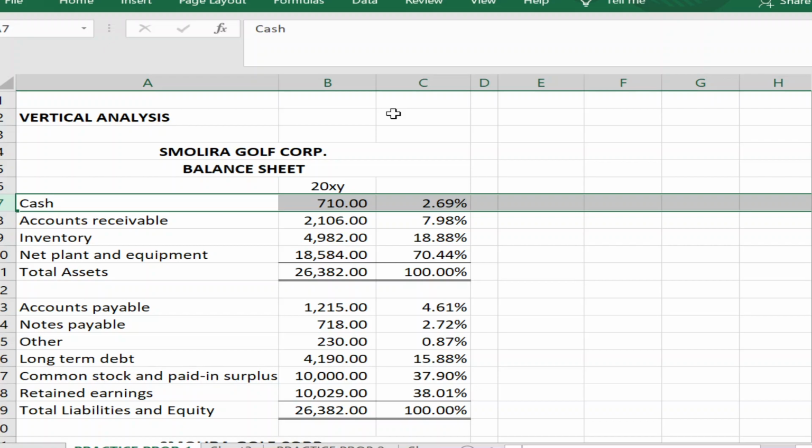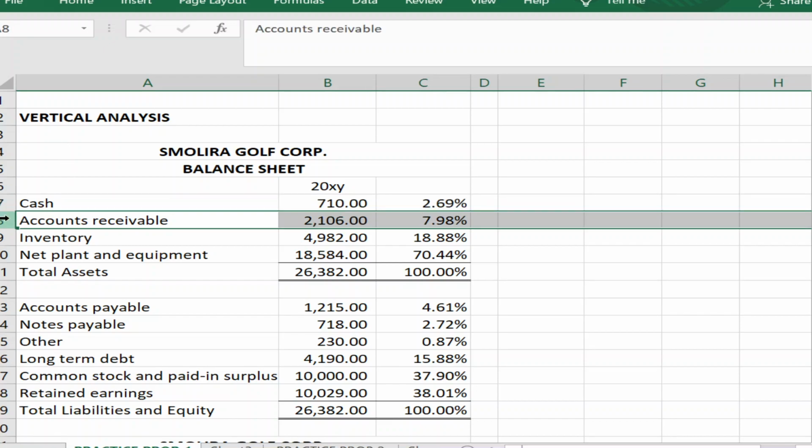But basing on the cash alone, the capacity of the company to pay if these liabilities become due, we only have 710 pesos to pay, and we need to speed up our collection so we will be able to pay for our immediate debts.